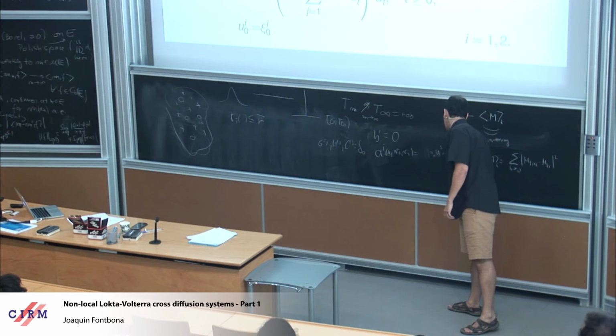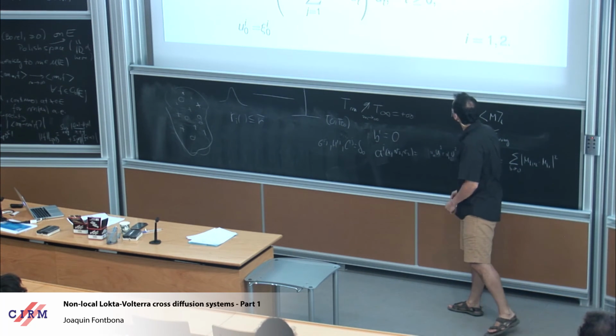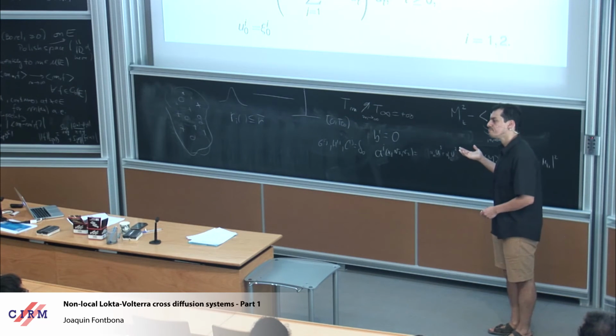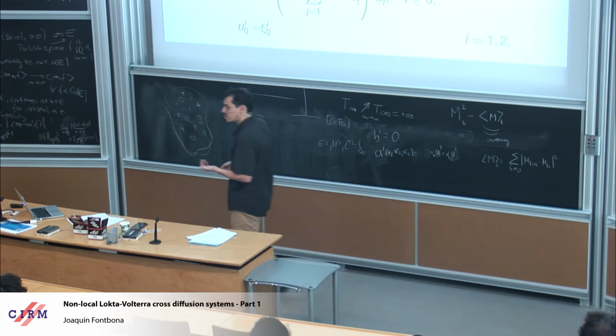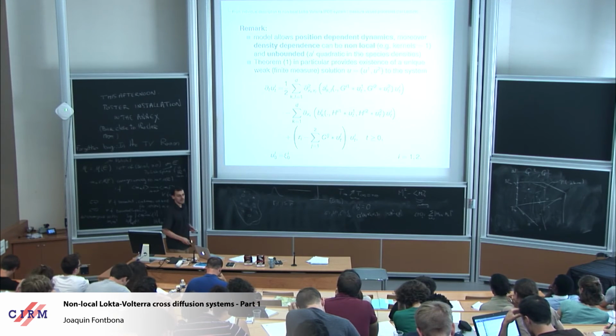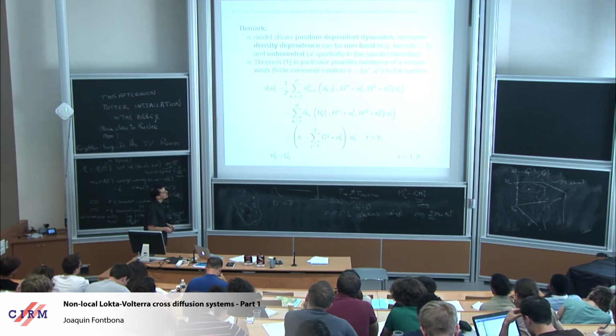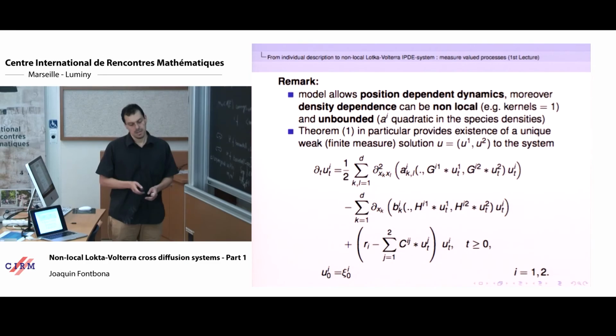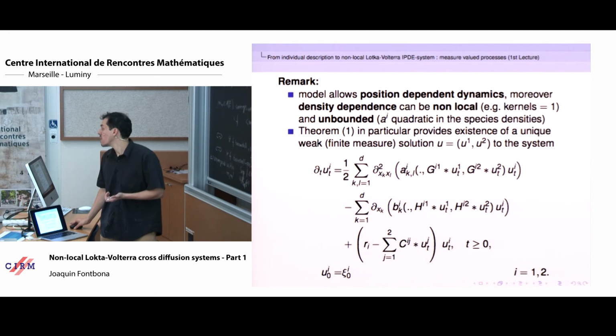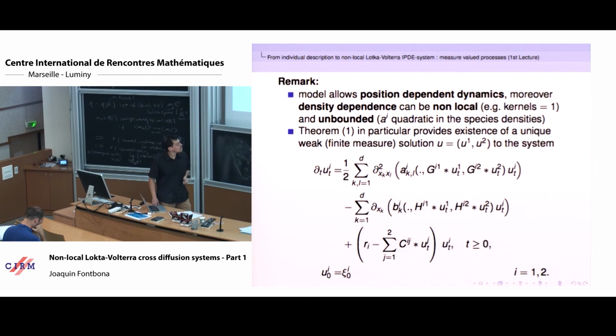I can recover the self or cross diffusion models which I showed at the beginning. This is formal because for the moment we're able only to make this kernel go to the Dirac mass. And on the other terms, we still have a non-local type of interaction. It's not point-wise, but it depends on the neighborhood of the point which I'm looking at.